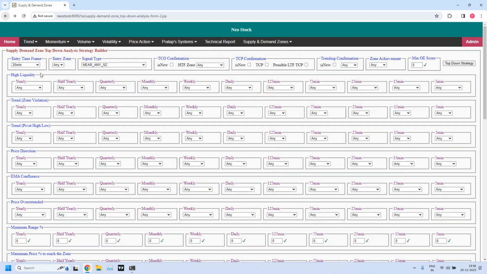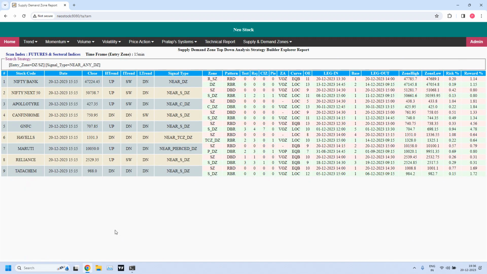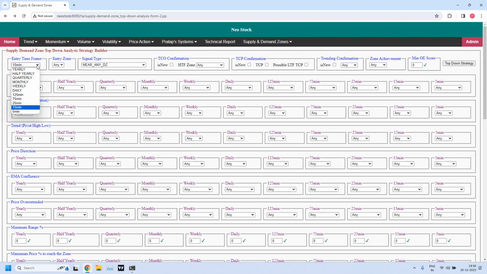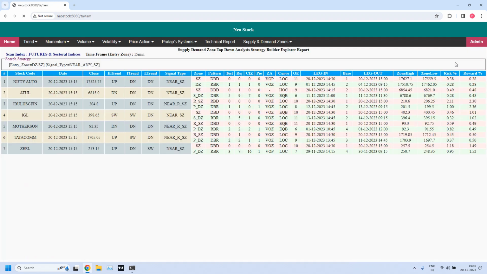Let's go back. Entry time frame is 15 minutes. Let us find the stocks near 15 minutes demand zone. 9 stocks are filtered near 15 minutes demand zone. For 15 minutes time frame, let us find the stocks near 15 minutes supply zone. 7 stocks are filtered.